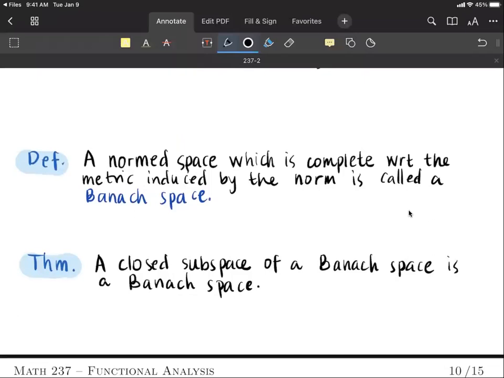So a closed subspace of a Banach space is also a complete metric space, and it has a norm. And what is the norm? Here, the norm is taken with respect to the original Banach space. So this theorem follows immediately from the one that we have shown in the situation of metric spaces.